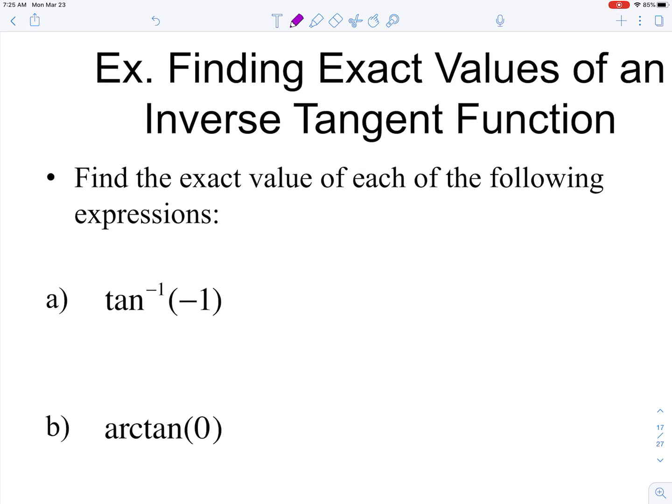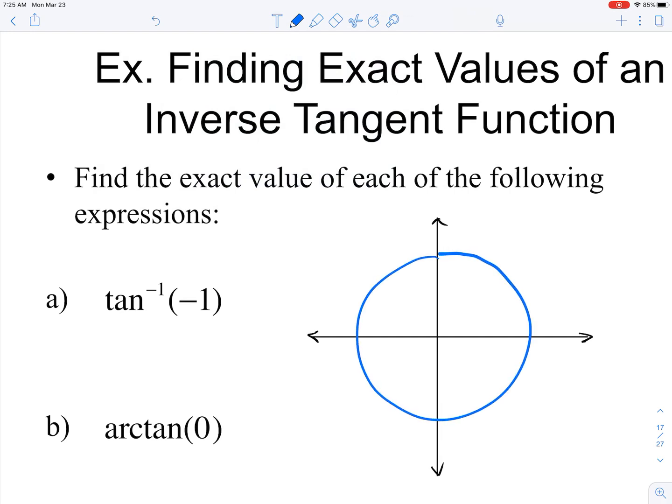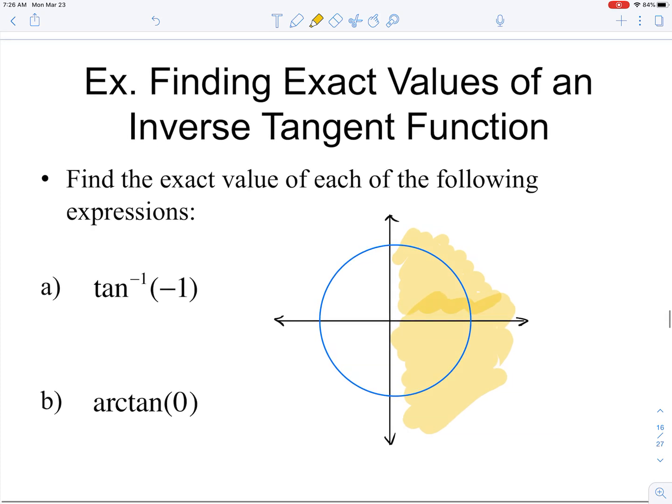But the endpoints are not included, that's going to be like sine, quadrant 1 and quadrant 4, but negative pi over 2 and pi over 2 are not included in that interval. So quadrant 1, quadrant 4, 0 is included.